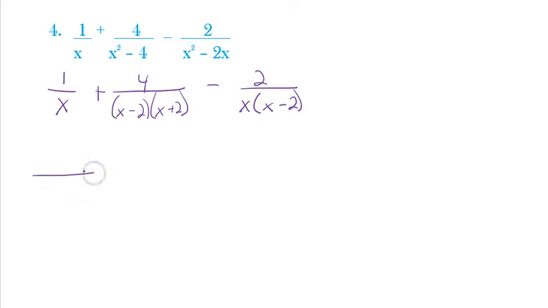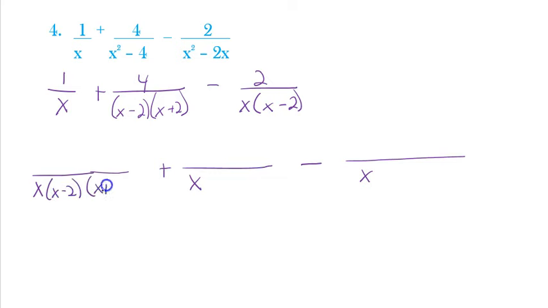Now I need to decide what my common denominator is. And be careful writing the signs. A lot of the problems we've done have had pluses. This now has a minus over here. And I need everything represented, so I definitely need an x. The second one says I need x minus 2 and x plus 2.